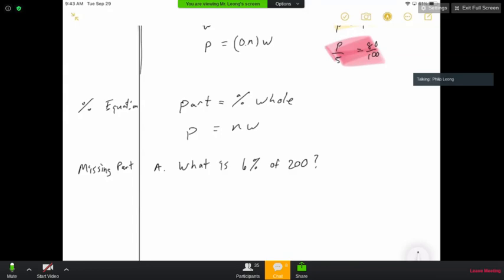All right, so here we go. P is equal to N times W. All right, so just like yesterday or the day before, this is what you need to do. You need to identify each part.